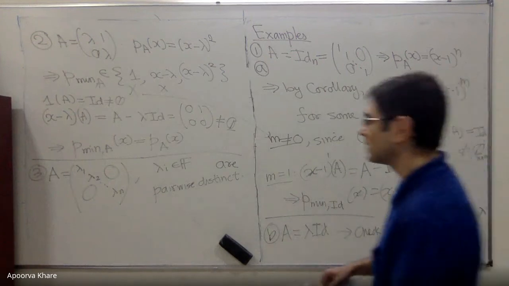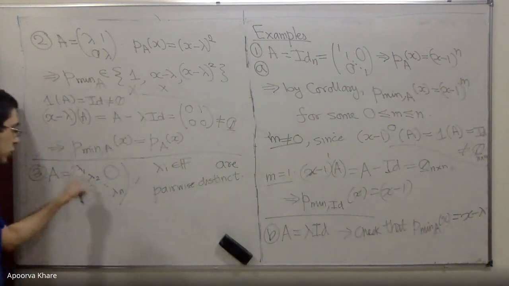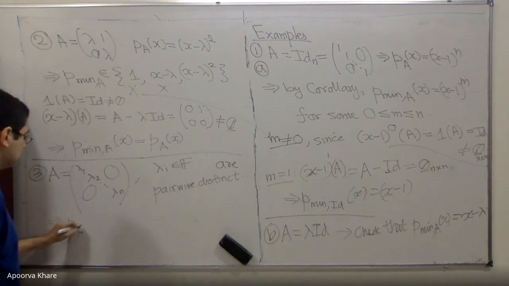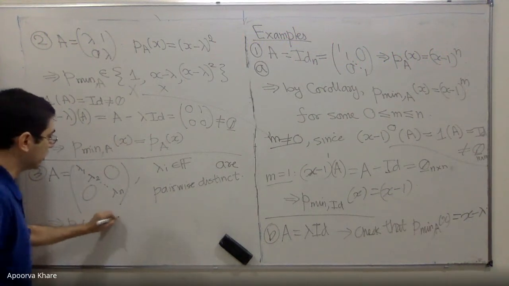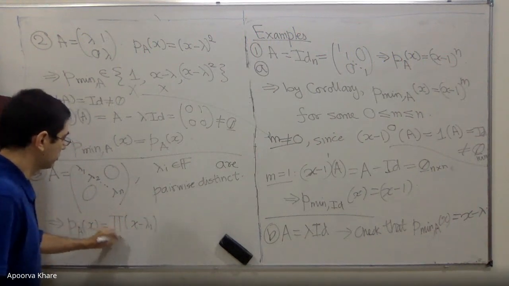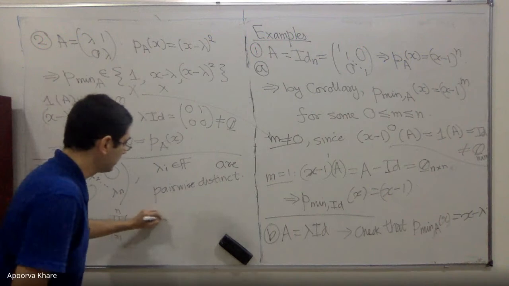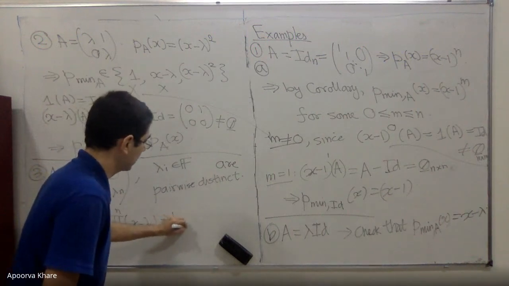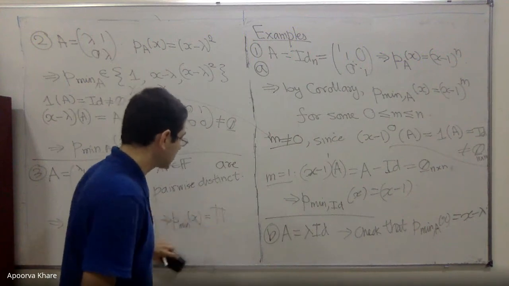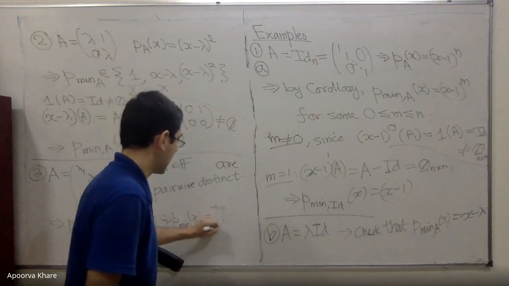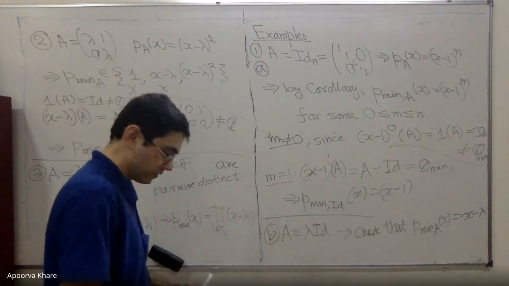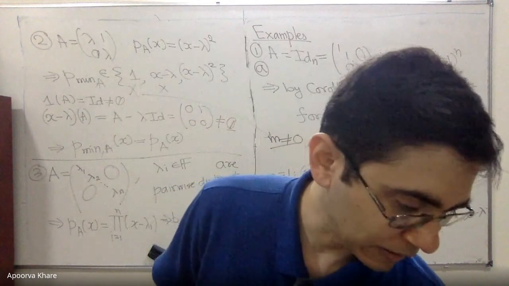So now the claim is, once again, first of all, we know the characteristic polynomial is the product. So again, P_A of x is the product of x minus lambda i, i goes from 1 to n, which means that the minimal polynomial is the product over i belonging to S of x minus lambda i, where S is a subset of 1 through n.